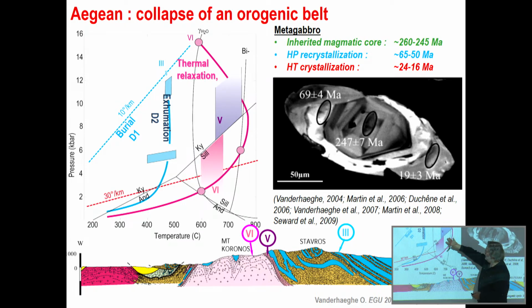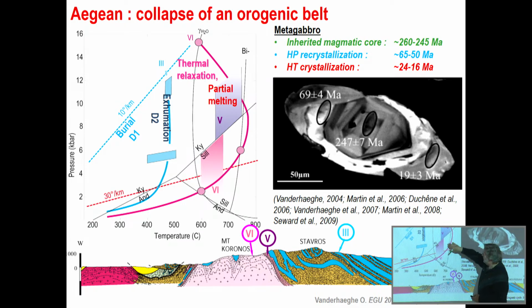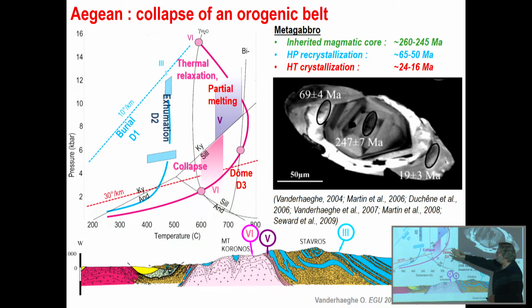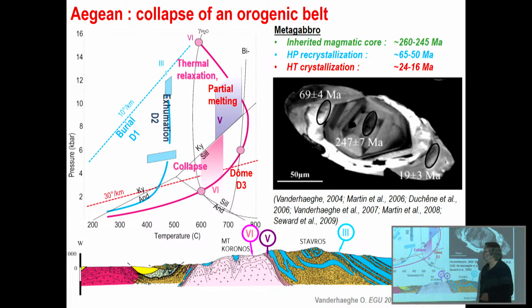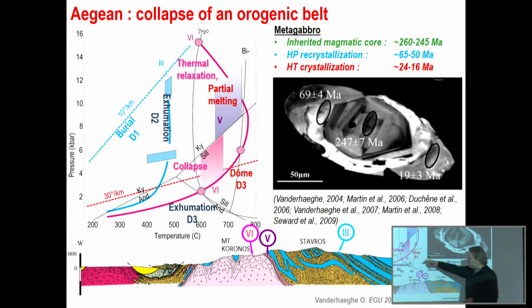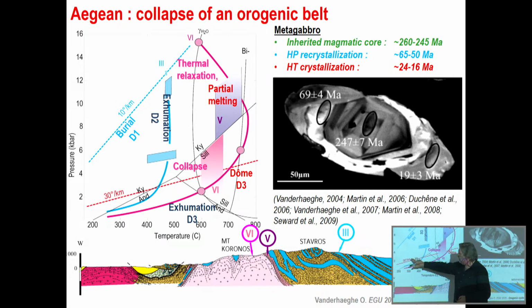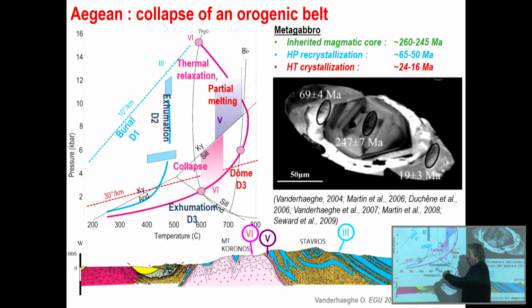After some thinning, which corresponds to collapse, the dome formation happens at that time. And then the last exhumation, everything for the last 5 kilometers, all these were exhumed at the same time.